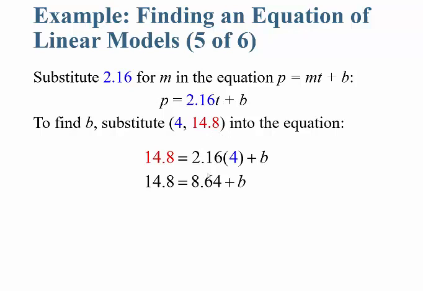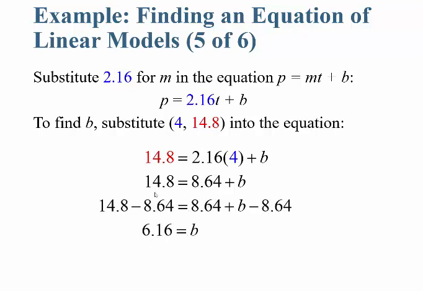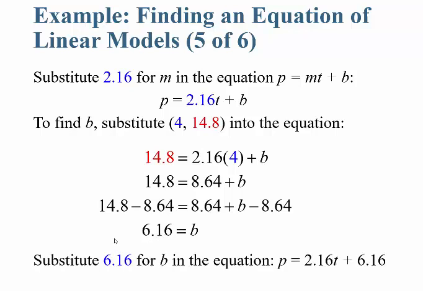Multiply here, 2.16 times 4 gets me 8.64. Subtract it over to the other side, and you get the intercept is 6.16. So I'm going to substitute 6.16 in for b, and this is the equation that I come up with: p equals 2.16t plus 6.16. And that is the equation of that green line.